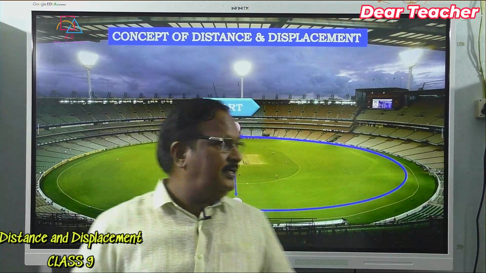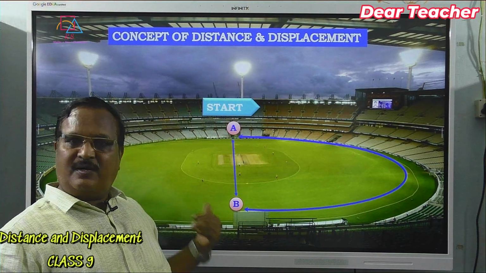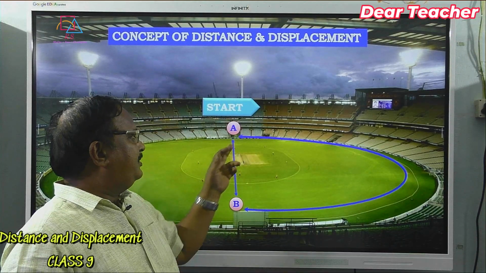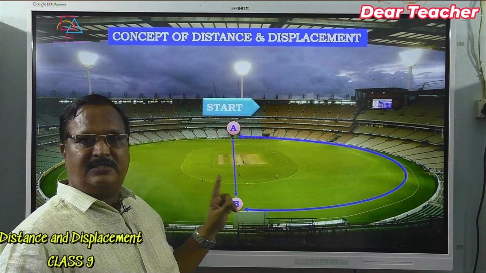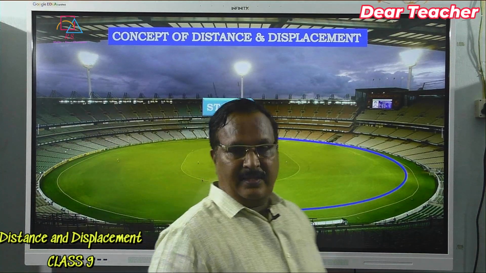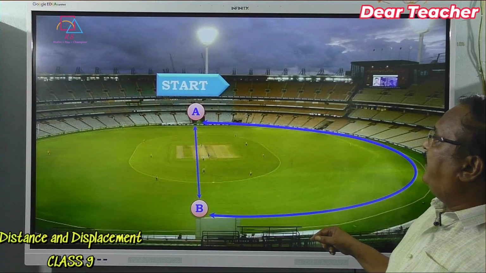Distance is nothing but the path covered by the object. Here the object is the athlete. So the total path covered by the object is known as distance. Let us see what else is given.